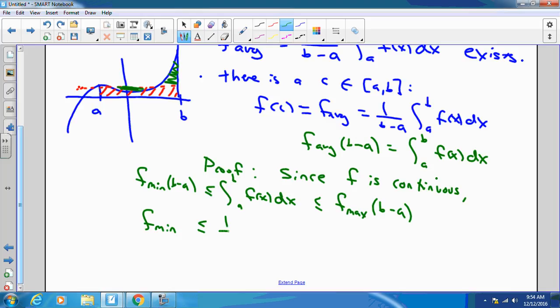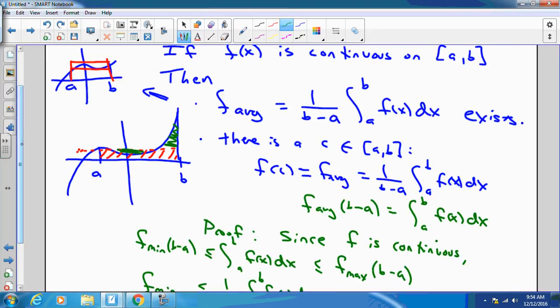And if I simply divide both sides, then I get an additional bonus. And that is that I discovered something that was intuitively obvious, and that is that my average value is always between the max and the min. The average value must always be between the max and the min.